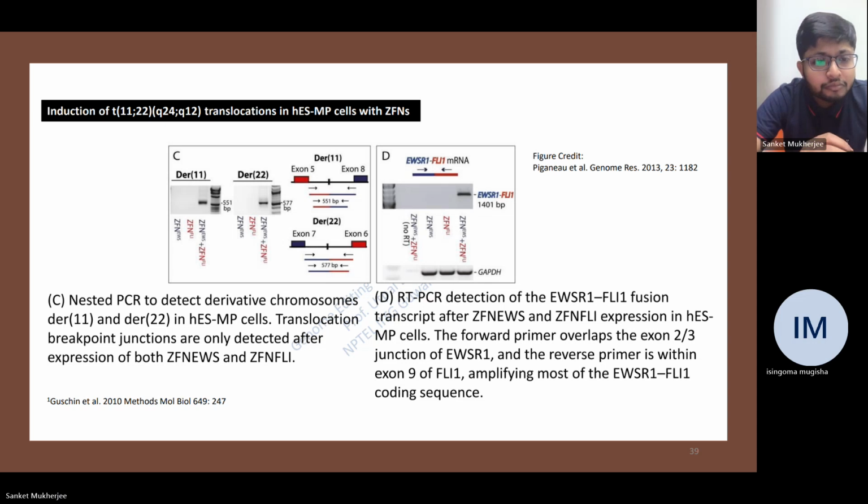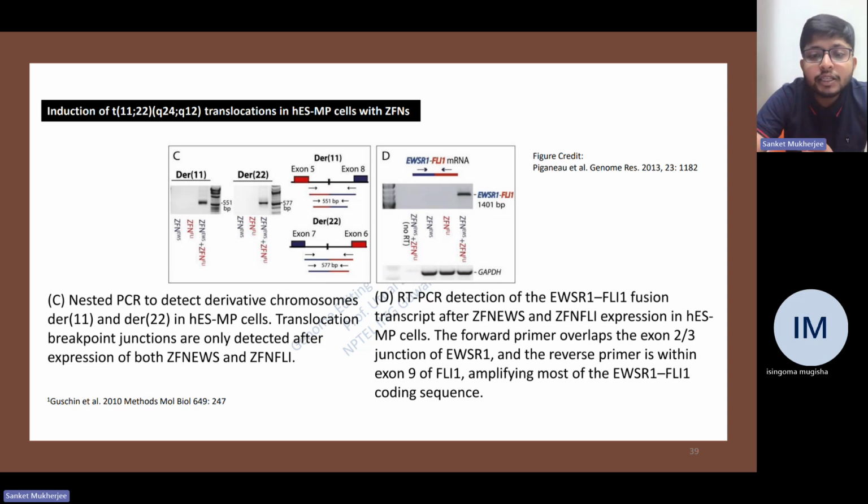Now, nested PCR is done to detect the derivative chromosomes of 11 and 22 in HES-MP cells, and translocation breakpoint junctions are only detected after expression of both the zinc finger nuclease EWS and zinc finger nuclease FLI1 genes.